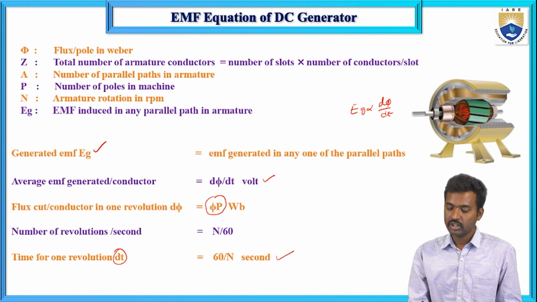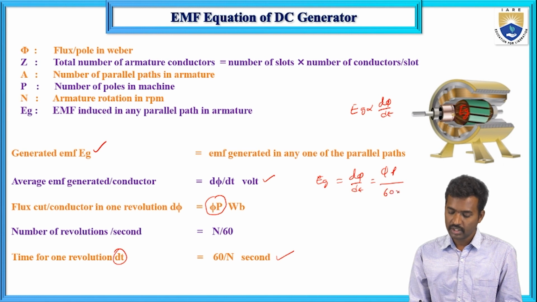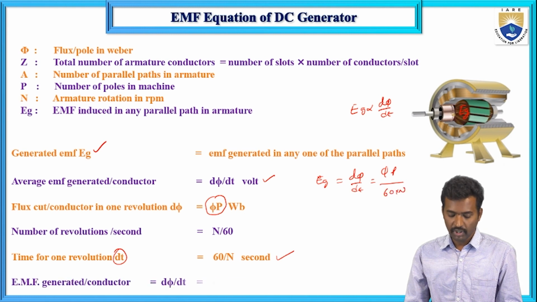Now here Eg equals dφ/dt, where dφ means φ into P, and dt is 60 by N. Now the final equation: the induced EMF generated per conductor equals dφ/dt.